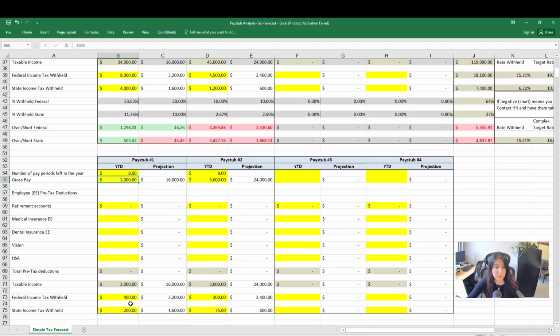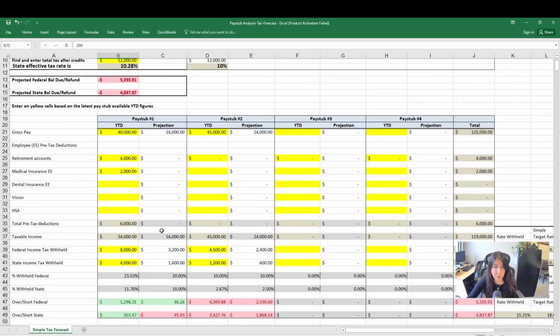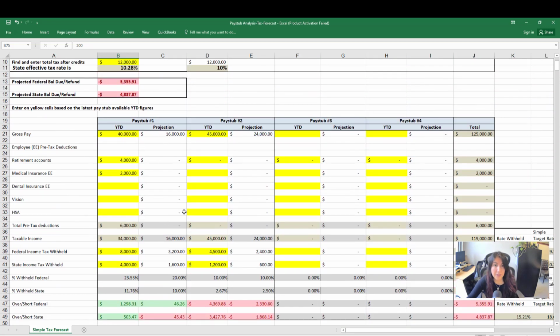Don't forget to enter the federal income tax withheld and the state income tax withheld as well for that pay period. And that will project what their income will be from that pay stub for the remainder of the year, and will automatically fill up here above.